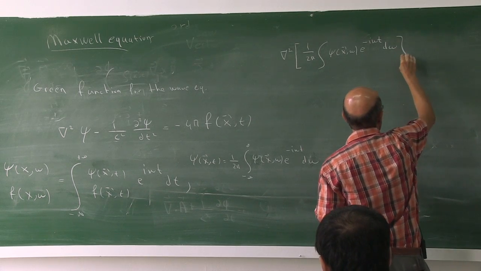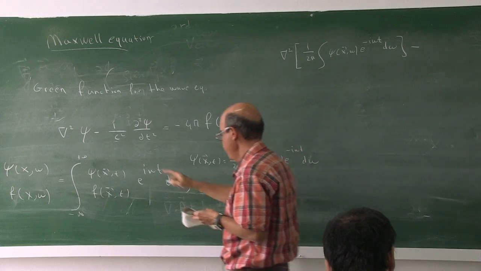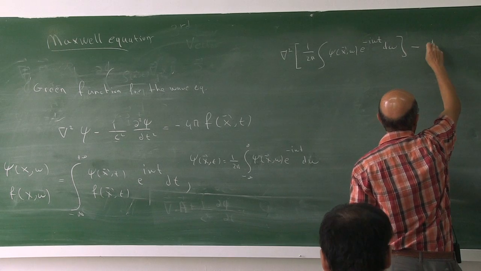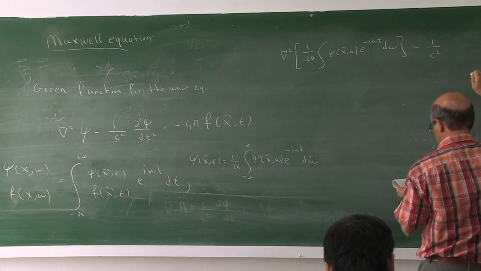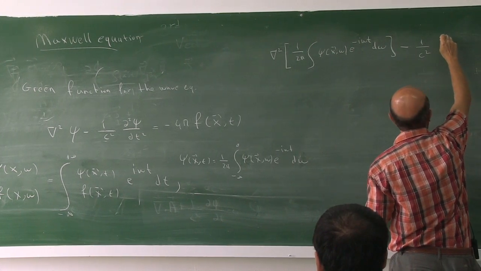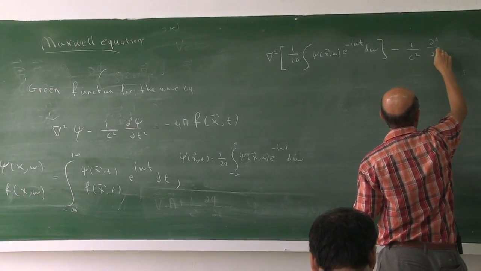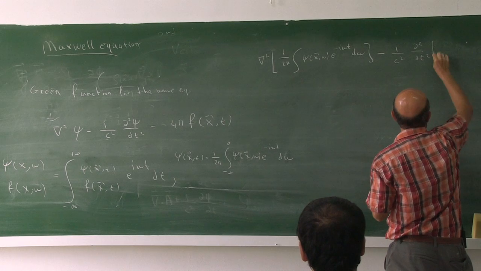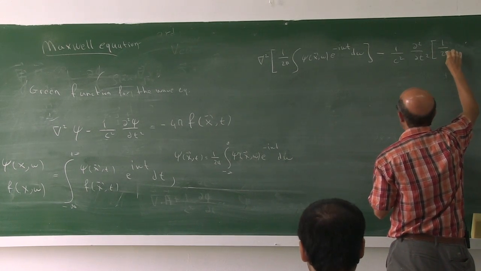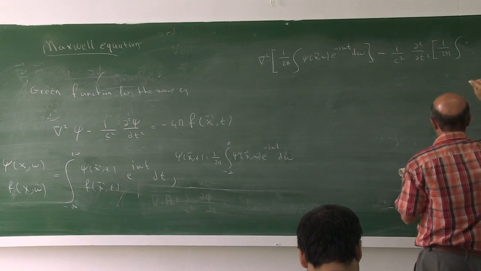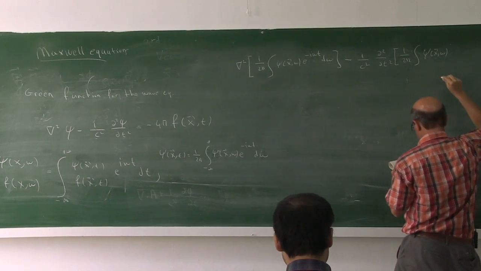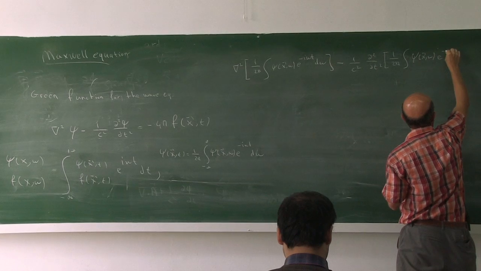This is the first term, minus 1 over c squared, del square over del t squared, of 1 over 2 pi psi(x,omega) e to the minus i omega t.